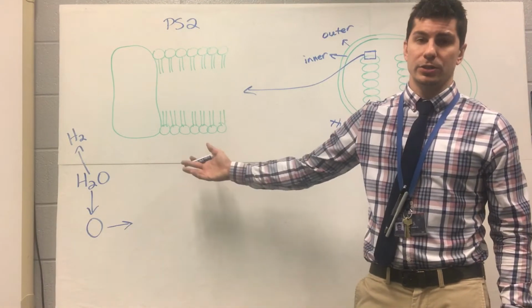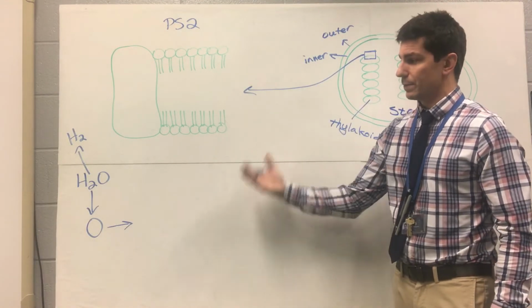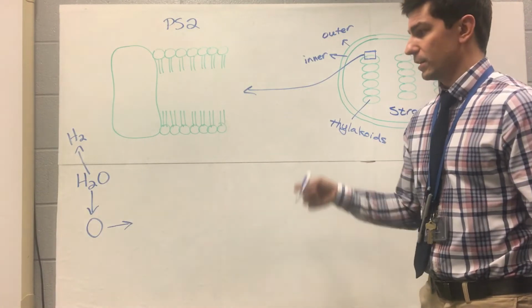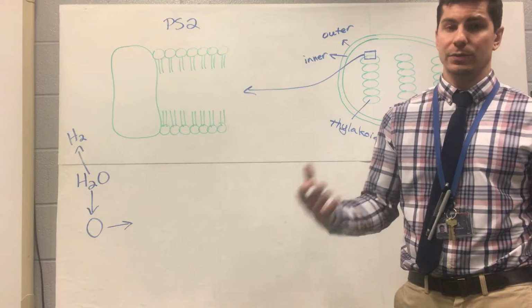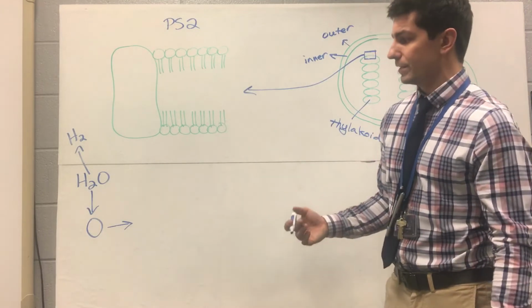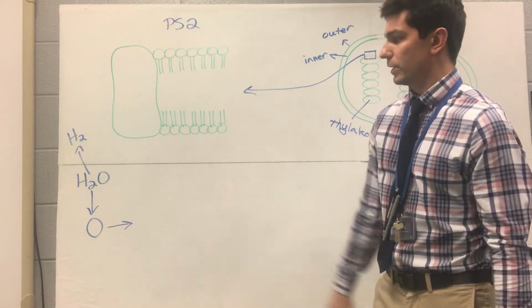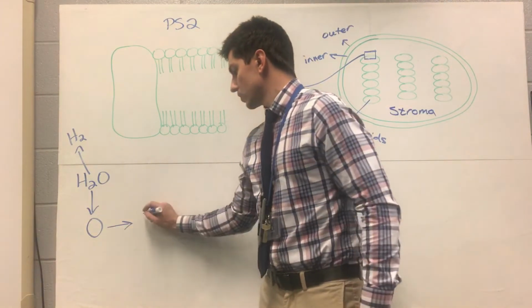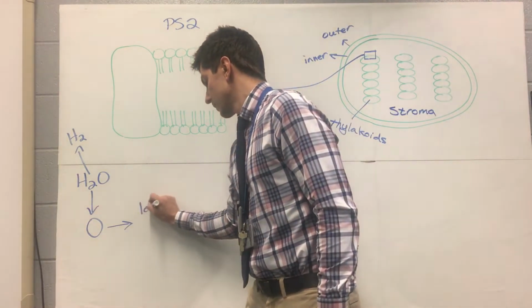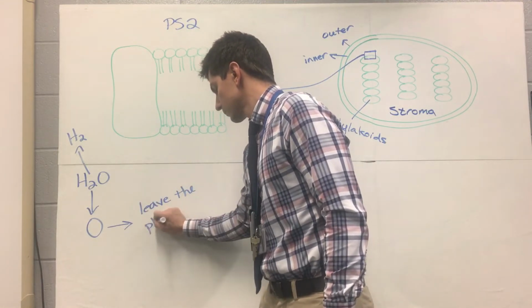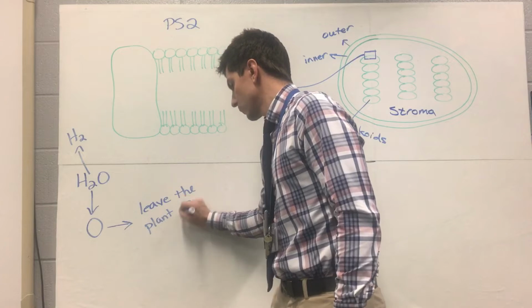Now, not just one water molecule is split, it's going to be a bunch of them, so it's not just going to give off one oxygen molecule, it's going to be a bunch of them, and it just so happens the oxygen we breathe is all bonded together to itself, so it's going to be more than that, but just for our sake, we're just going to call it the O. So this one, it's going to leave the plant, so we can breathe.